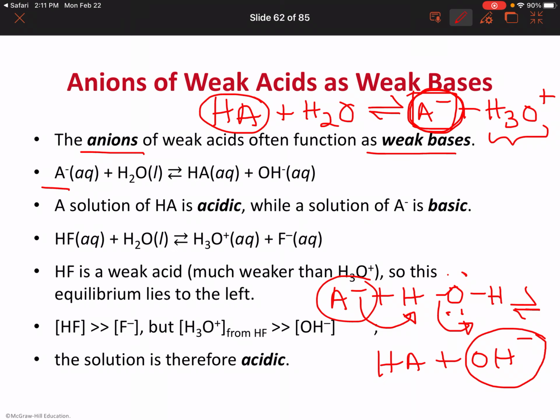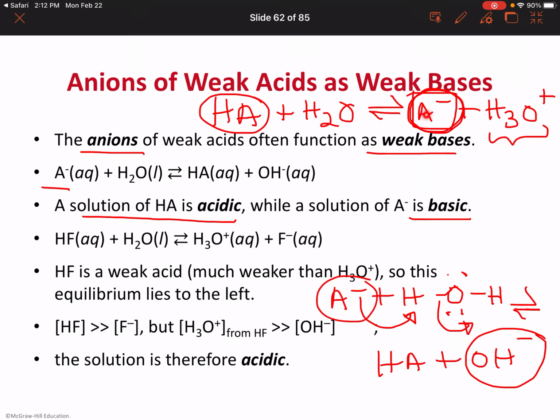So the base grabs a proton from water and adds hydroxide ions into the solution, and that will make the solution basic. A solution of HA is acidic. So this one right here that I showed you, HA, is acidic because it adds hydronium ions to the water.